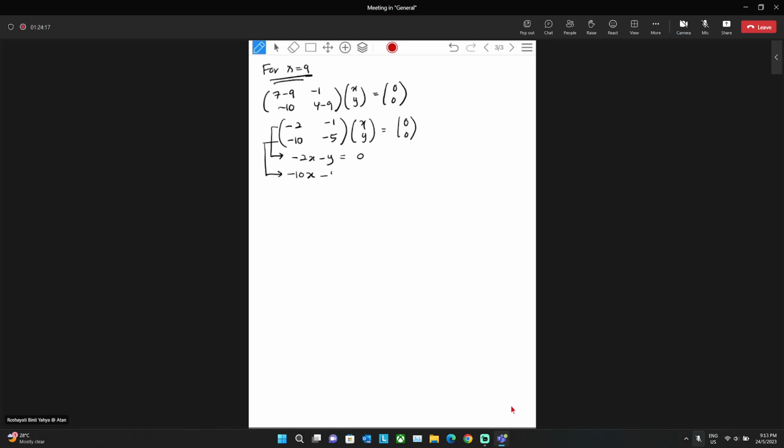So negative 2x minus s equal to 0, x equal to negative s over 2.